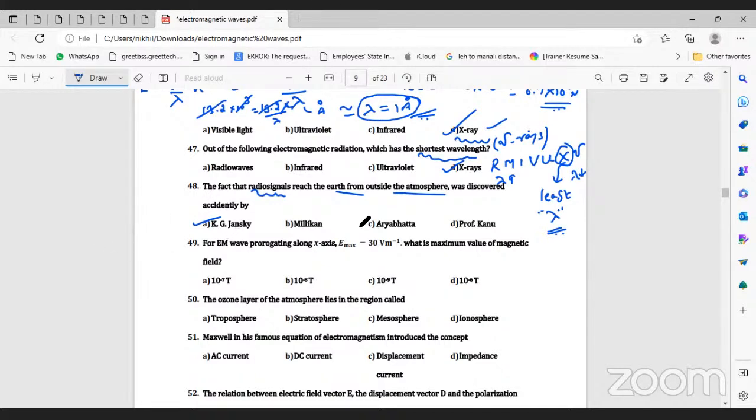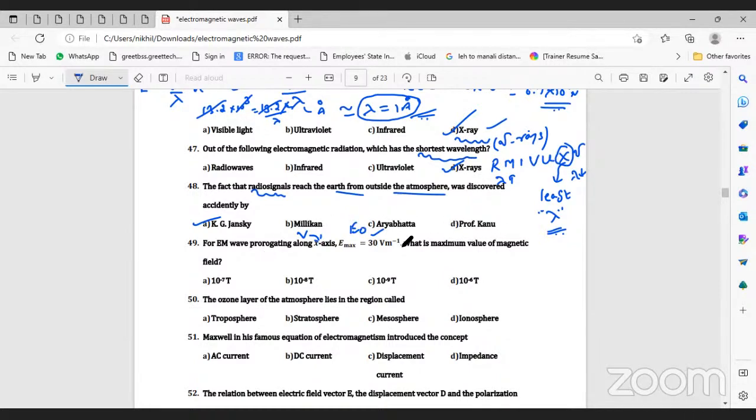Now, an electromagnetic wave is propagating along the x-axis, so the velocity is along the x-axis. The maximum electric field is 30 volt per meter, which is E0.